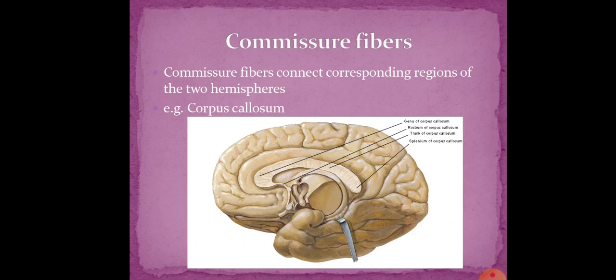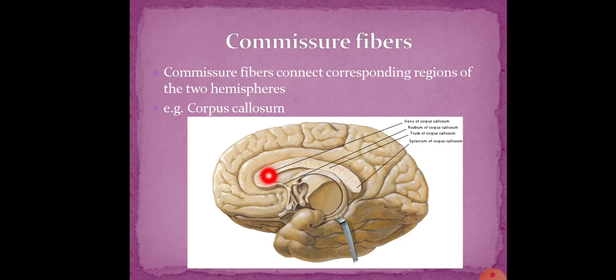So what is a commissure fiber? Commissure fiber connects the corresponding regions of the two hemispheres. An example of this fiber is the corpus callosum. The corpus callosum connects the two cerebral hemispheres with each other.